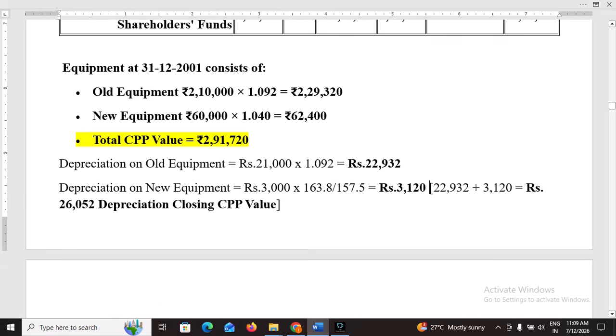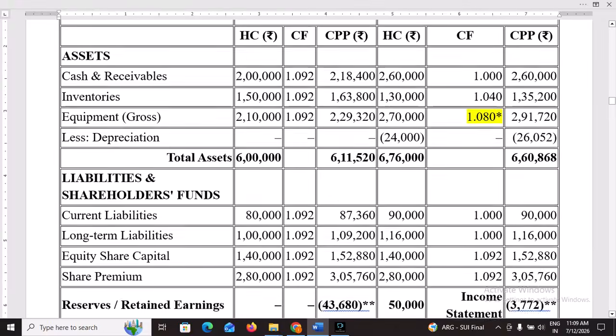So old depreciation 22,932 plus new depreciation 3,120, total is rupees 26,052. This is the depreciation closing CPP value.